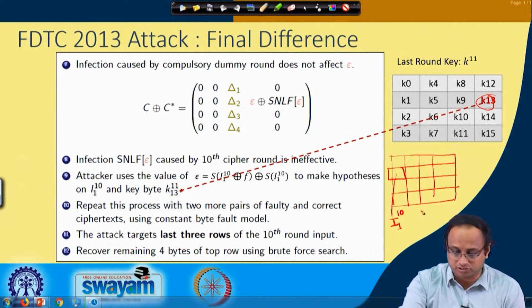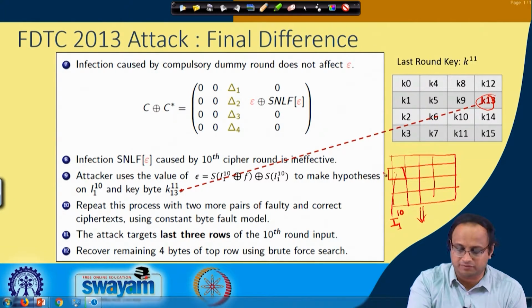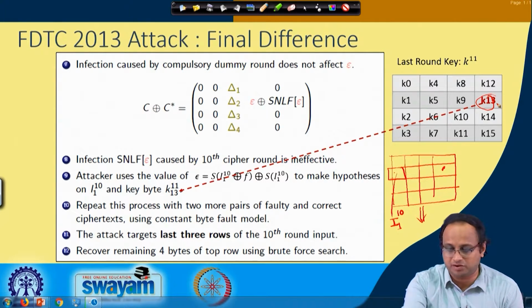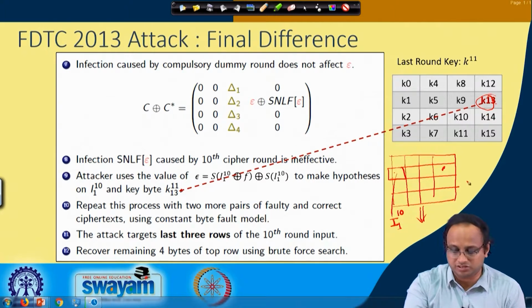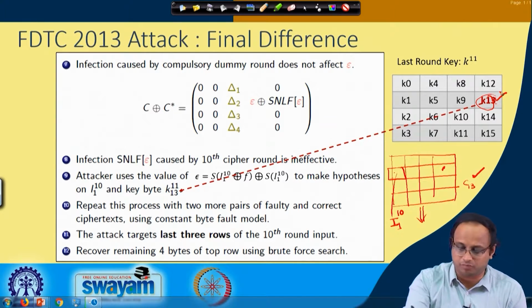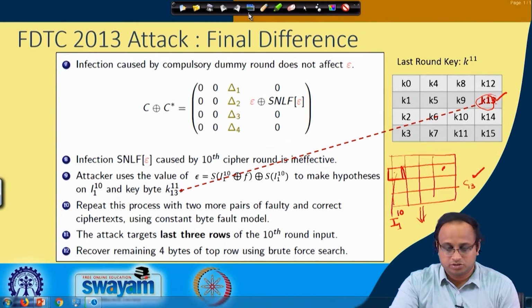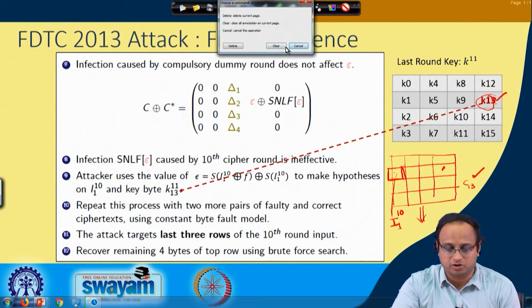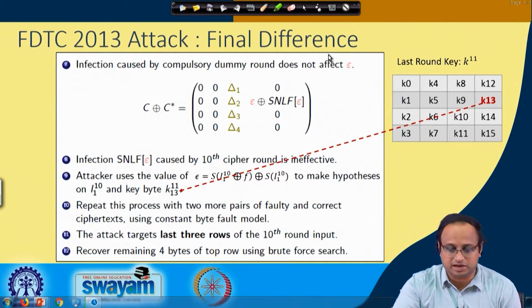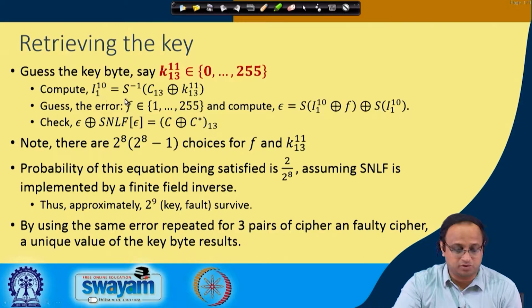If you consider the shift rows subsequent to this, and of course there is an S box also, then this particular byte will get shifted, come to this location, and get combined with this K13, and result in your ciphertext C13. So if you would like to work backward, then if I combine C13 with K13 and compute the S inverse, I get this particular byte which stands for I110. So with this perspective, one can easily understand that I110 is equal to S inverse of C13 XORed with K13.